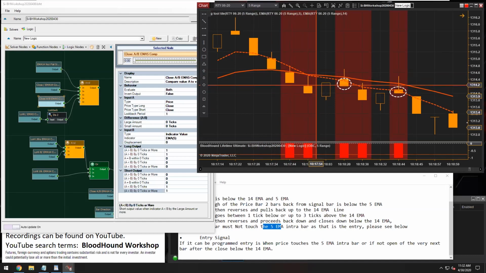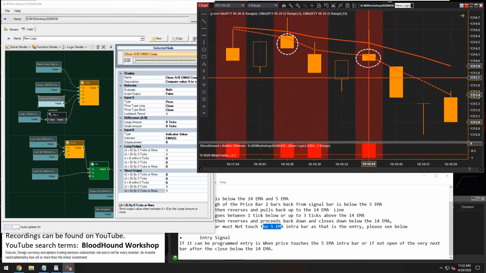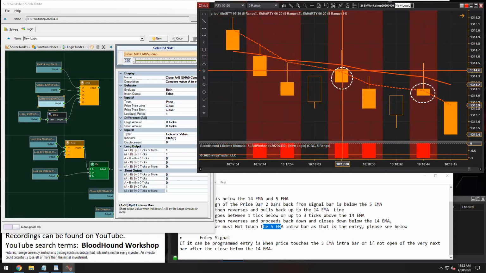So with a range chart, the bars always close at the high or the bars always close at the low. But if we think about how a range bar builds in real time, let's take a look at this bar here. Let's do this one here.